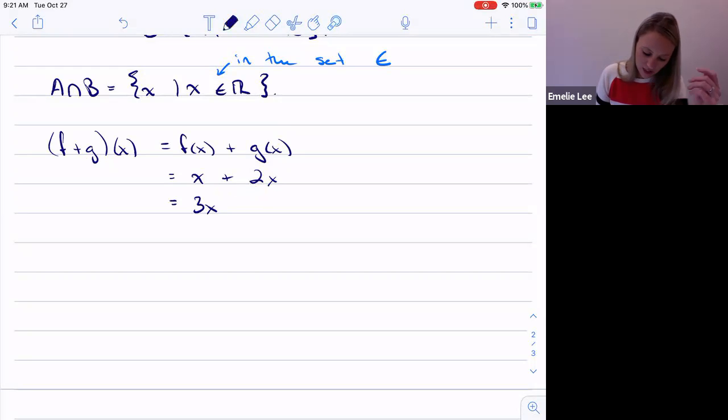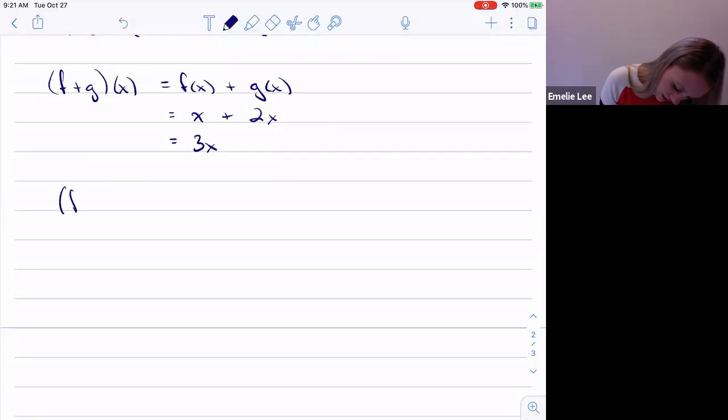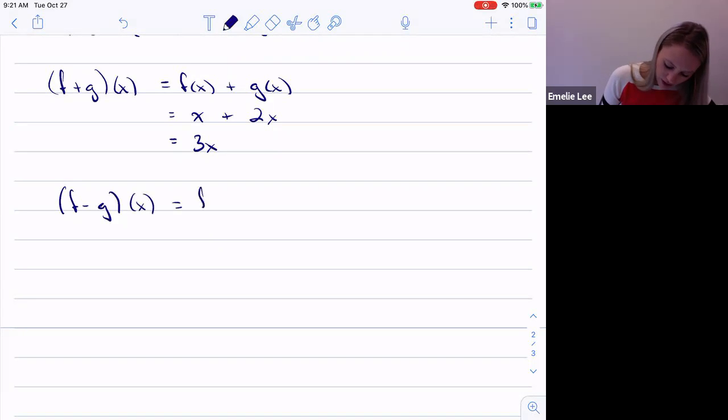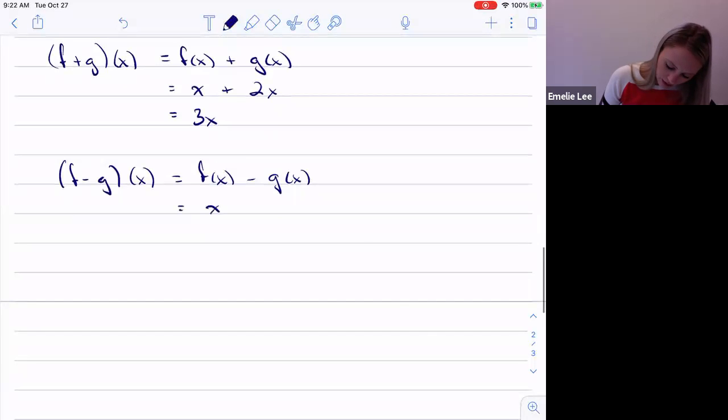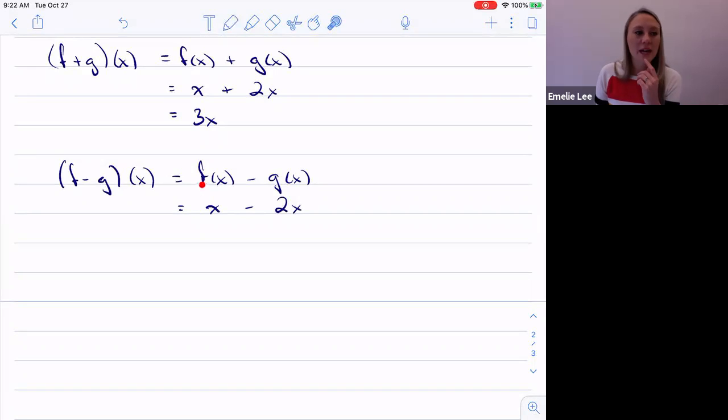Now we're going to do the same thing for f minus g of x. Just by definition, that's the same as f of x minus g of x, x minus 2x. Notice that g minus f of x would give us a different function, just because of how subtraction works.